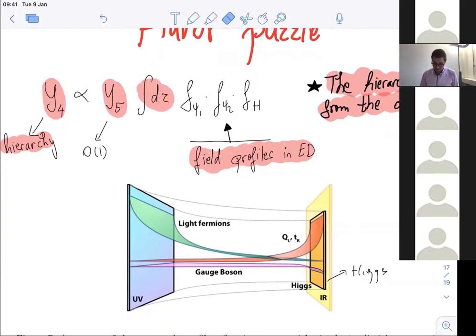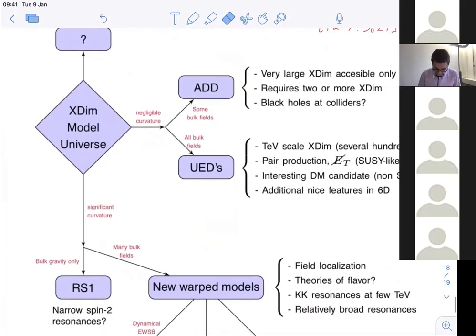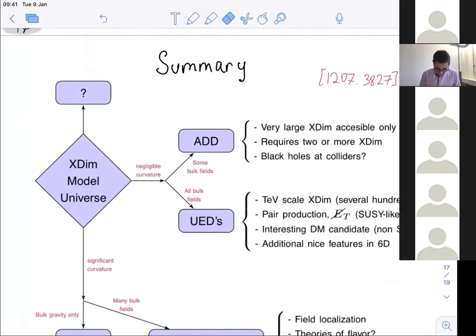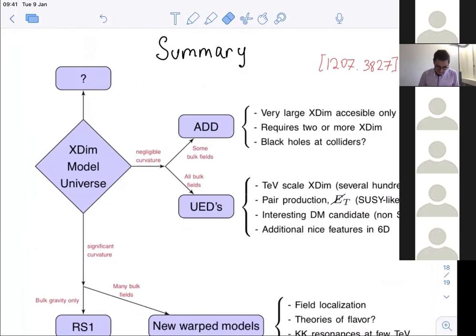Any more questions? All right. So now I will just summarize the whole landscape of these extra-dimensional models. They are first divided by whether you have a flat space or curved space. If the curvature of the space is negligible, then you have these large extra-dimensional models, ADD type models, in flat space, where, for example, gravity is in the bulk. So some fields are in the bulk.